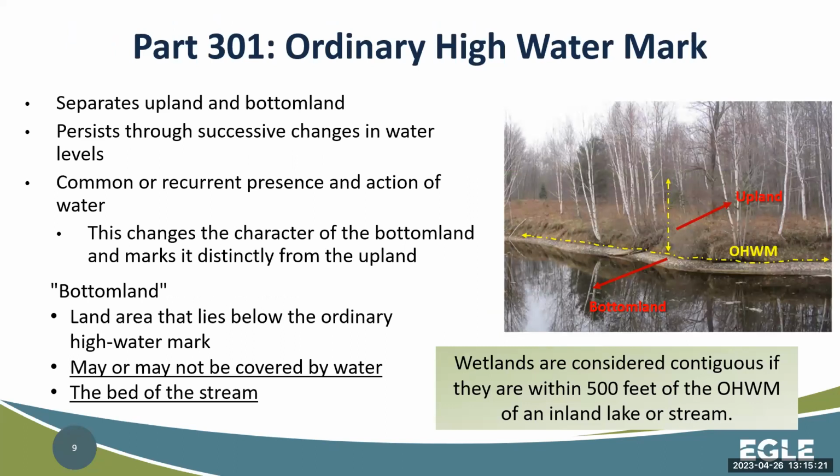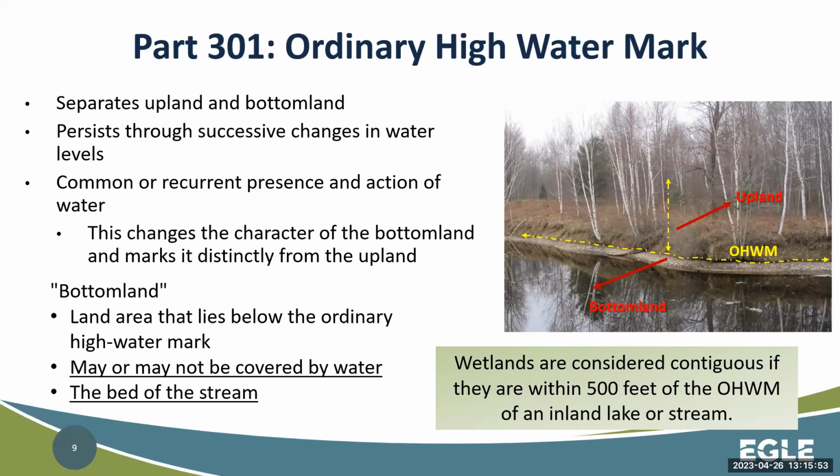Another definition that I wanted to call your attention to under Part 301 is the ordinary high water mark. This is a mark on the landscape that separates upland from bottomland. This mark persists through successive changes in water levels. Basically, it is where the presence and action of the water is so common or recurrent that it changes the character of the bottomland and marks it distinctly from the upland.